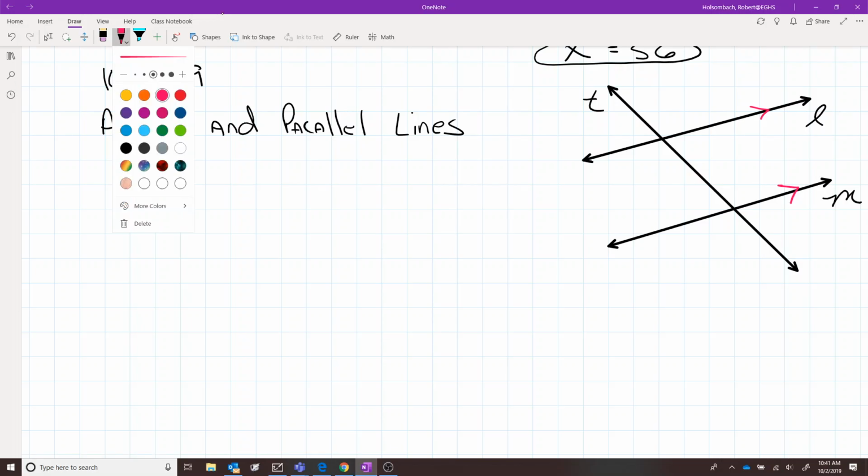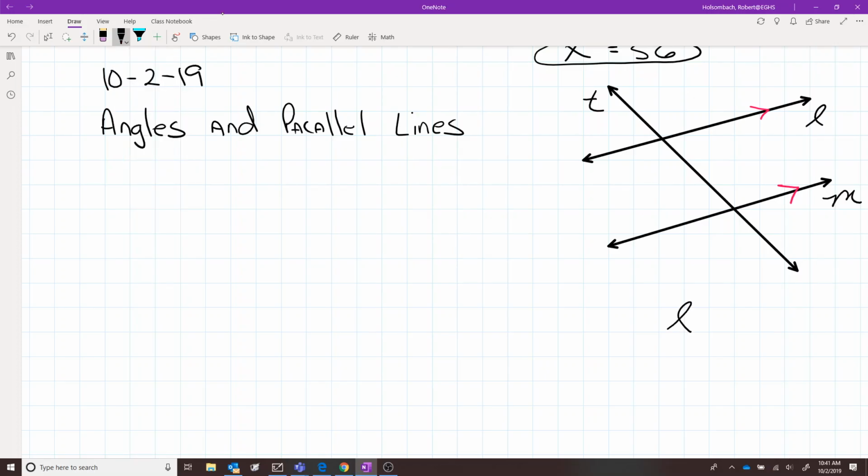It means the same thing as this. This right here means that line L is parallel to line M. L is parallel to M.